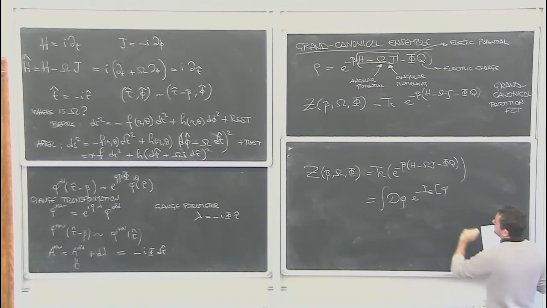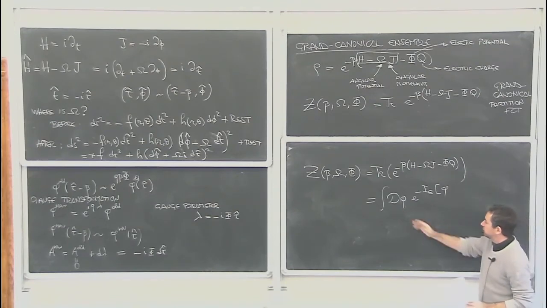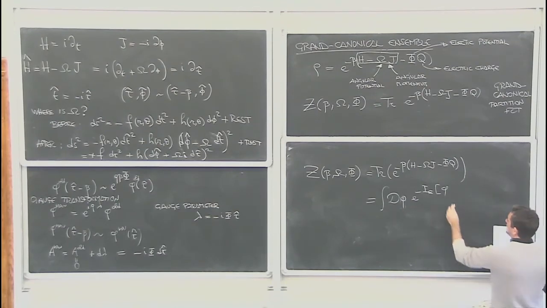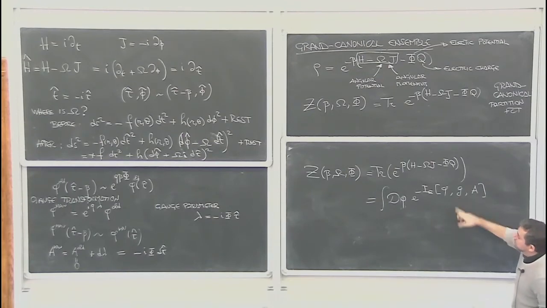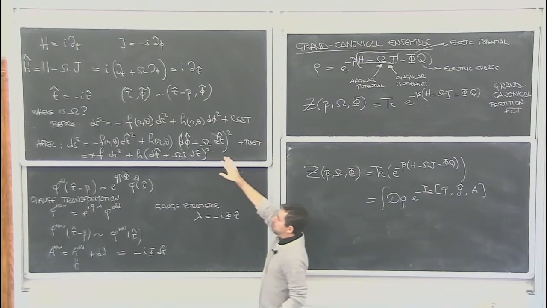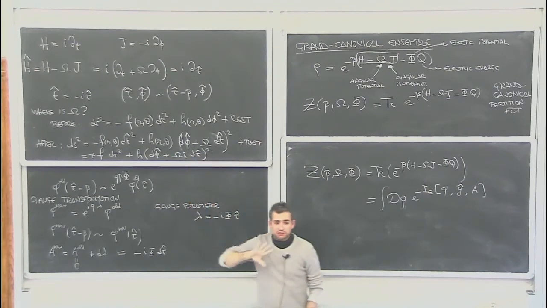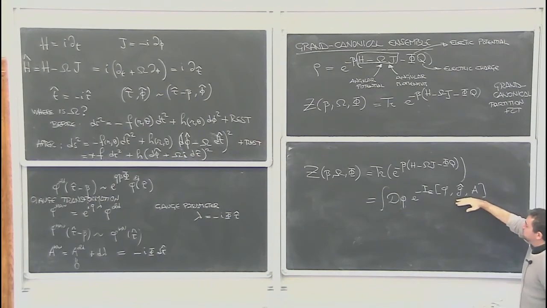So the Euclidean action depends on the dynamical fields phi I'm integrating over, then the gauge field that I've introduced by the gauge transformation, and also the metric. Let me write it G hat, in the sense that it is this metric here with this prescribed identification of the coordinates. So in here, there is the information about the background.